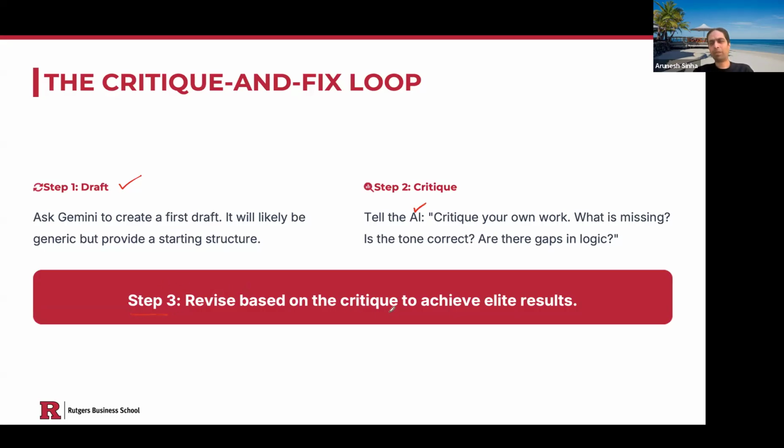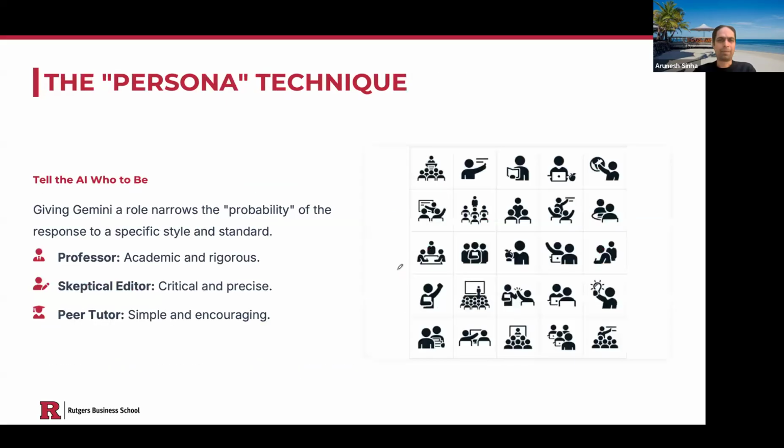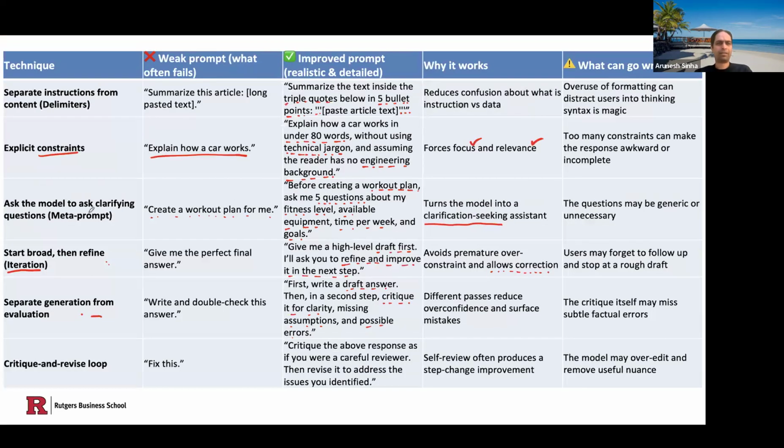You replay the critique to the LLM and ask it to revise the results. So you start broad and ask for a draft. You separate the generation from the evaluation or critiquing process. The next step is the critiquing process, and then this loop, based on the critique obtained from the LLM itself, you ask the LLM to fix it.